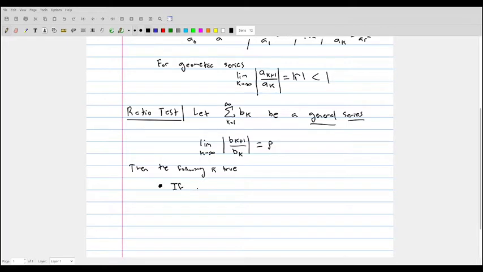If this limit of ratios for a general series is strictly less than 1, then the series converges absolutely. Which means that the series converges, the sum of its absolute values converges, and we have very, very nice properties for absolutely convergent series.